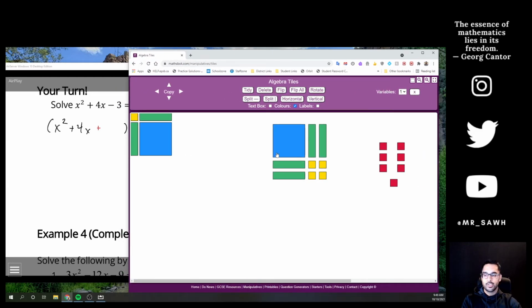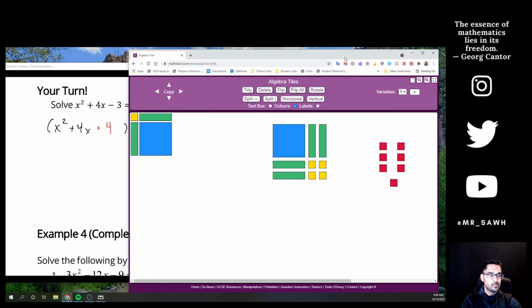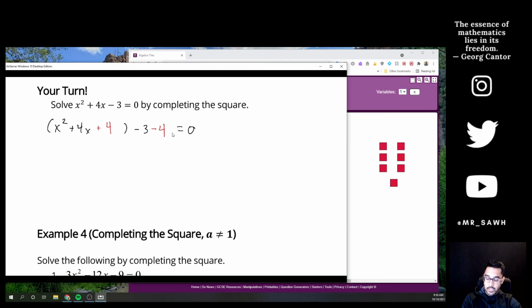So I had 4 originally. So I took 4 and divided it by 2, and then that number got squared to make my square. So 4 divided by 2 is 2, squared to get us to 4. So I added in a 4 to make my square. I also had to take away 4 to include it with those negatives. So really I've done the same thing, but just in terms of numbers, just algebraically.